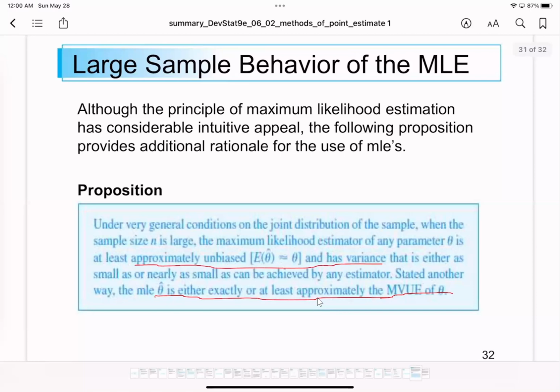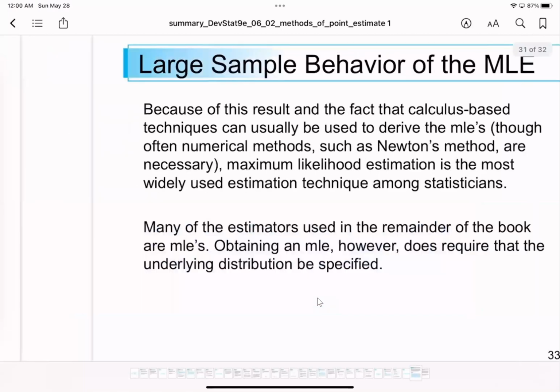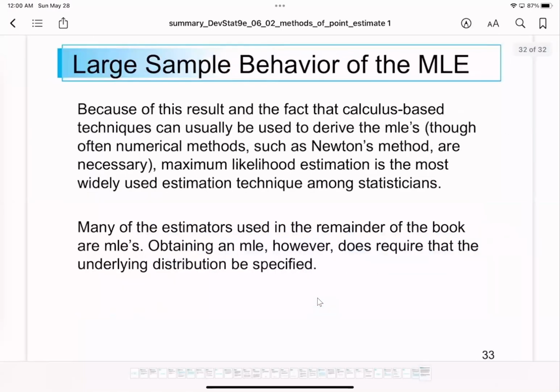That's why in the end we say that this theta hat is approximately minimum variance unbiased estimate. The next thing that we already mentioned is the invariance principle. That principle allows us to easily obtain the MLE of functions of parameters. So I do not need to repeat here.